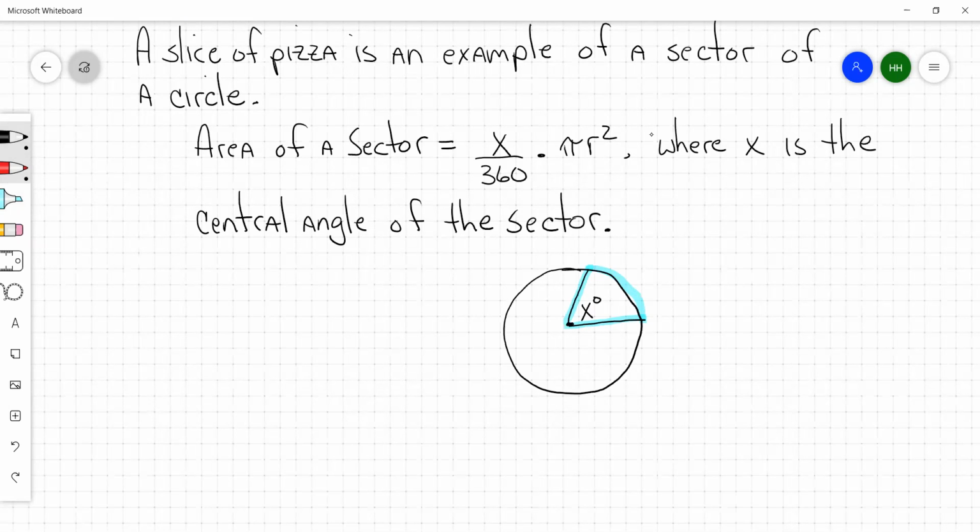The two sides, or both sides of this sector, are your radius. Okay? So that's where these variables are going to come from. Here's your radius right here. Here's your x, which is also the central angle of the sector.